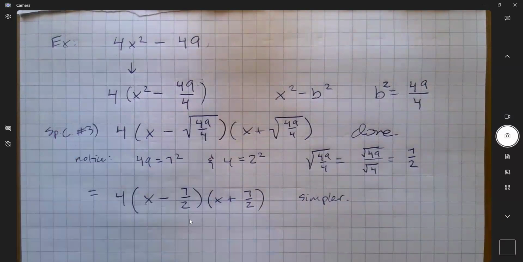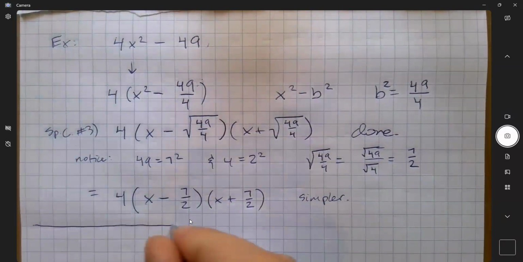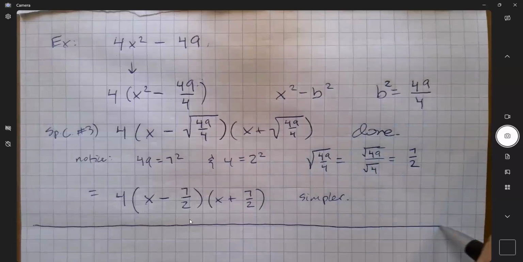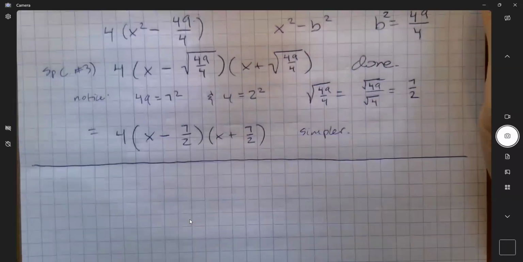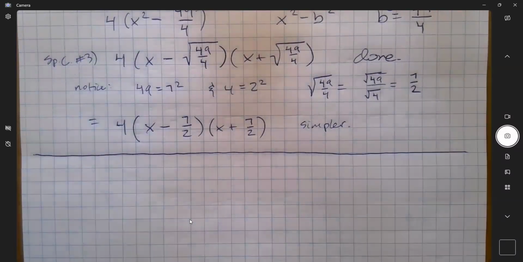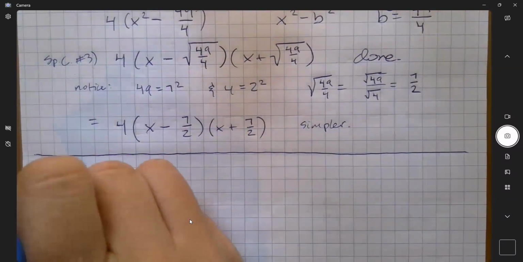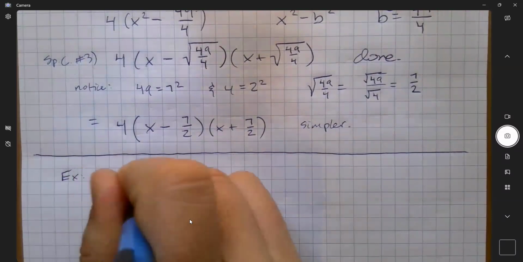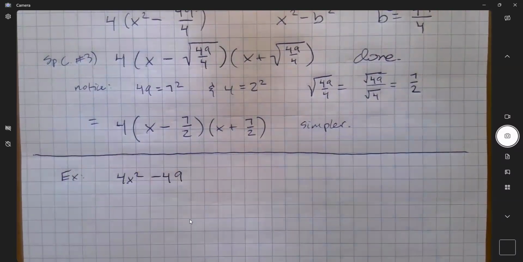You start by factoring out the leading coefficient. There is a second way. It's not necessary to do this, but for many of the questions you will work on in this section, the second way is kind of natural. So let's look again at 4x squared minus 49.